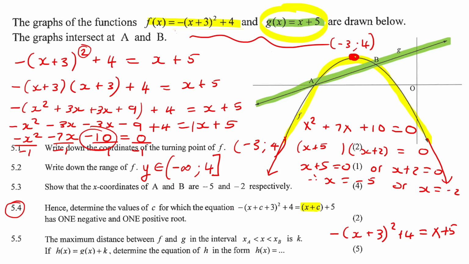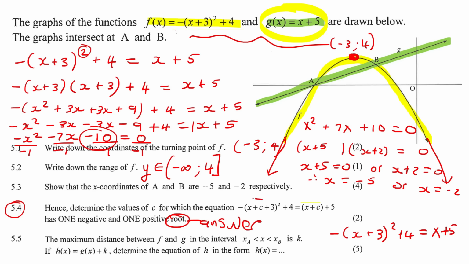So all I want you to know for now is that this part here is taking this graph and moving it left or right, and it's taking this graph and moving it left or right in the same direction, because c is going to be the same for both. So what they are actually doing is they're moving both of the graphs together, left or right. And they want us to move it so that you're going to have 1 negative and 1 positive root. A root is the same as an answer.